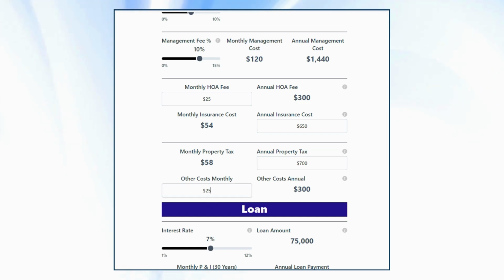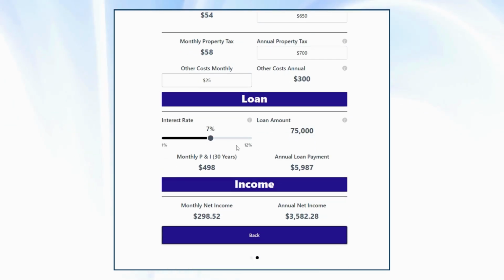And then just a little something extra. Am I going to have a landscaper come in and do anything, or gutter cleaning, anything like that? Look at that from what you're requiring your tenant to do and what you're going to have a contractor come in and do. And we've got our cost profile put together. So now we can look at the loan.